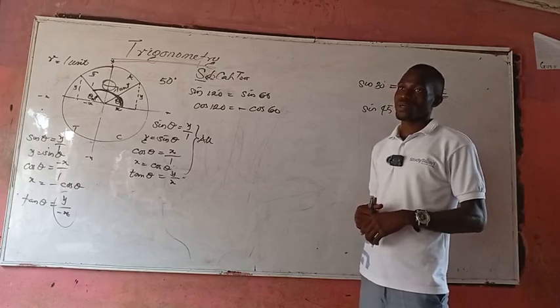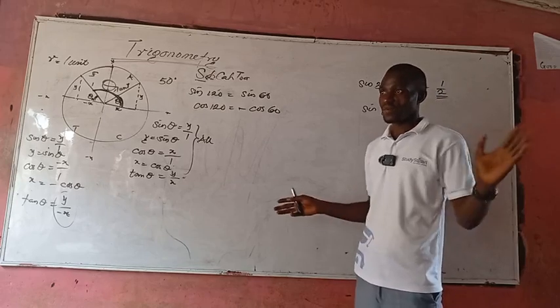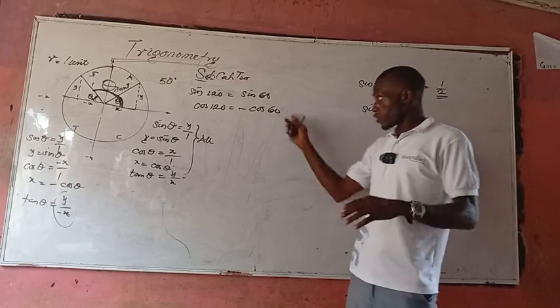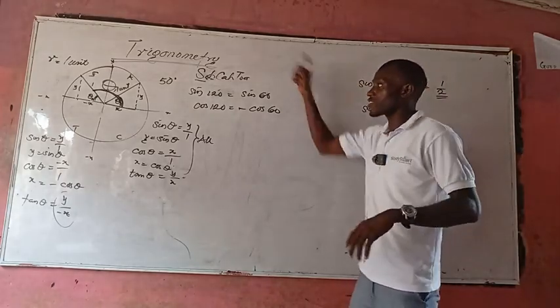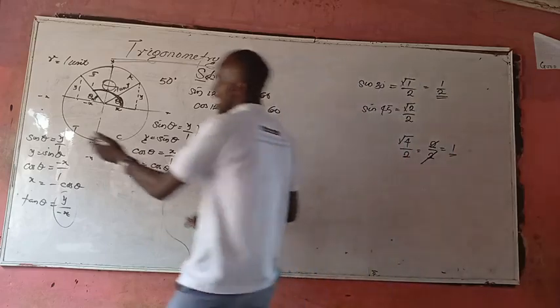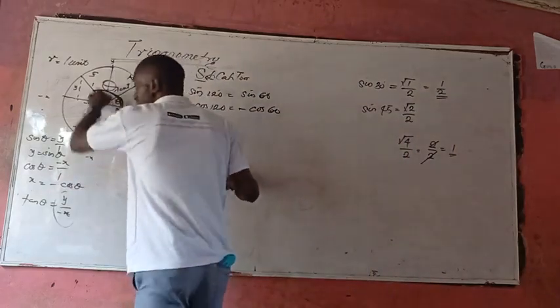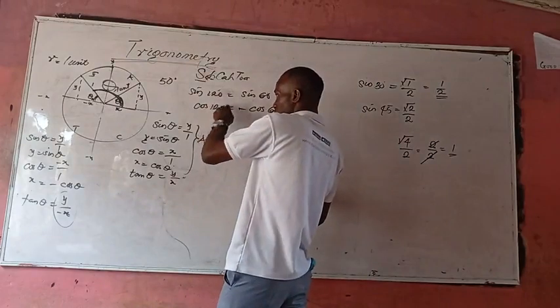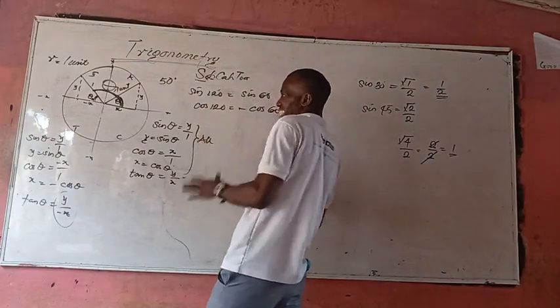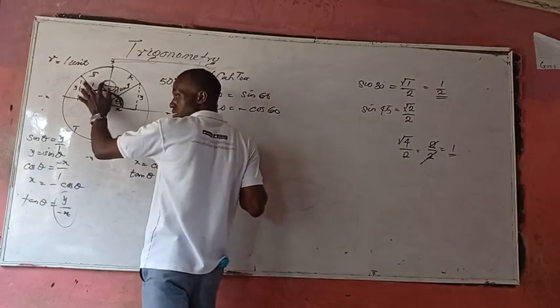The same thing. Do you notice now? If you do cos 60 alone, you will not get the same answer as cos 120. So if I take tan of another big angle too, in as much as my angle is big, it stays in this place.